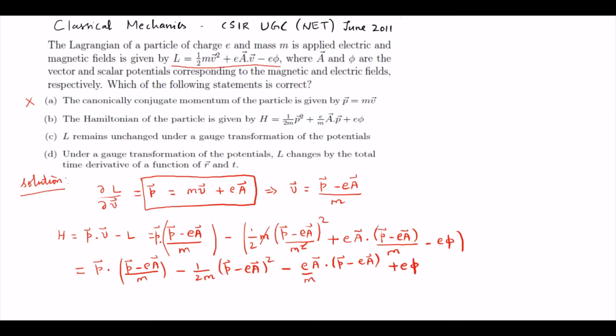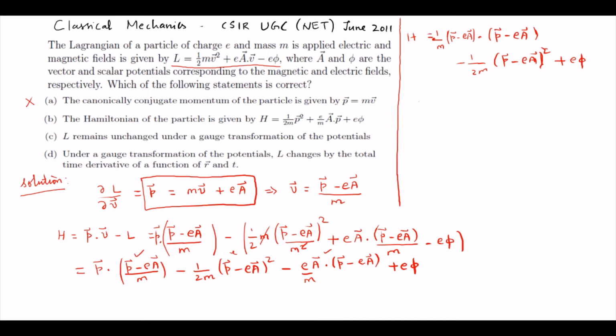Let us now simplify this. H becomes: if you take the first and third terms, the common factor is (p vector minus eA) dot, and I can take 1/m, so the remaining term is (p vector minus eA). The second term is simply minus 1/(2m) (p vector minus eA)², and the last term is e φ.